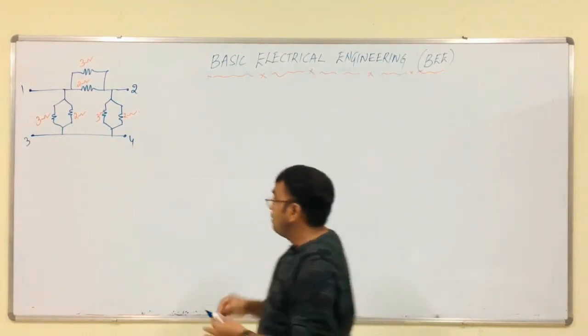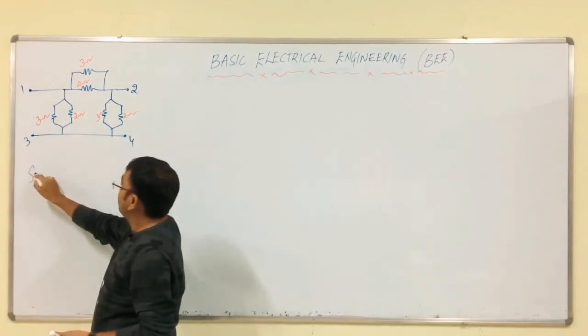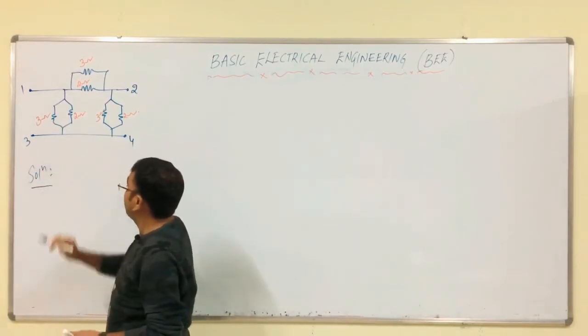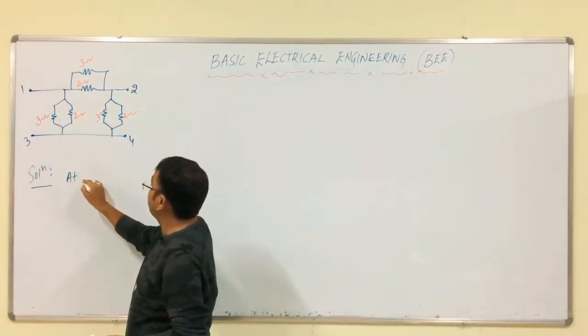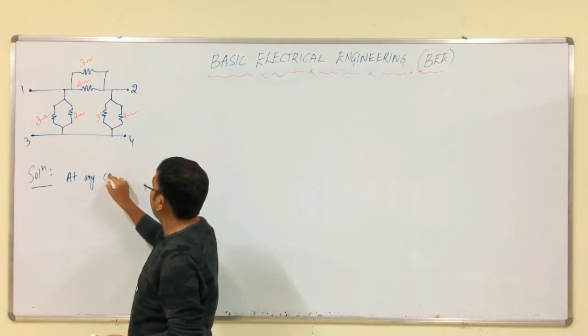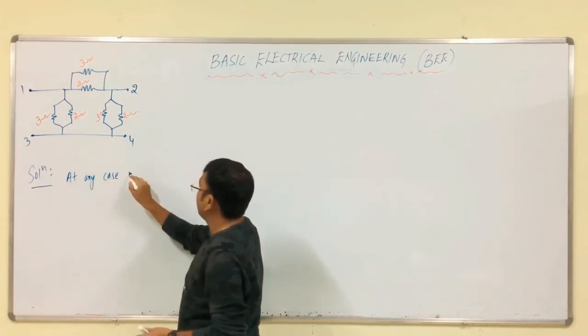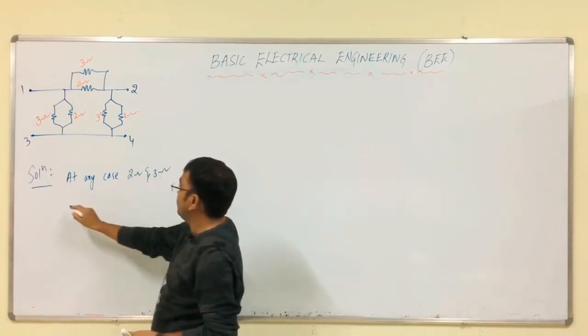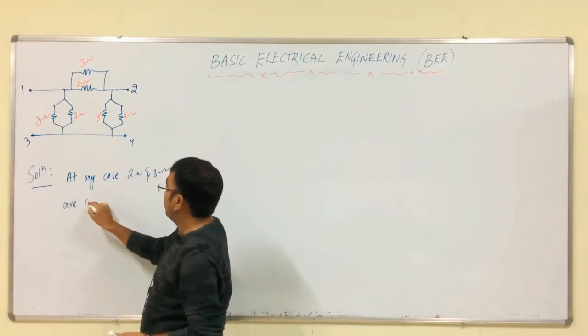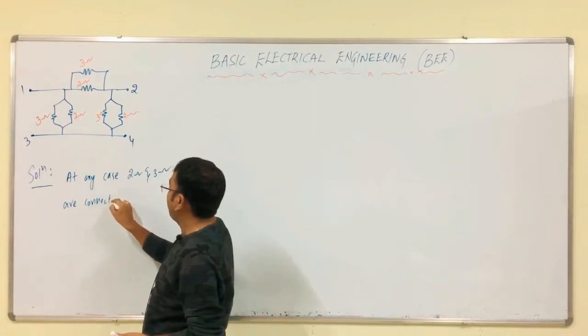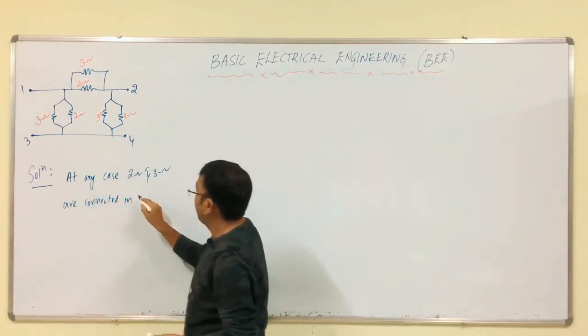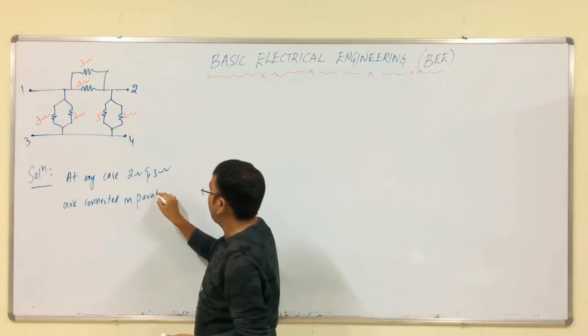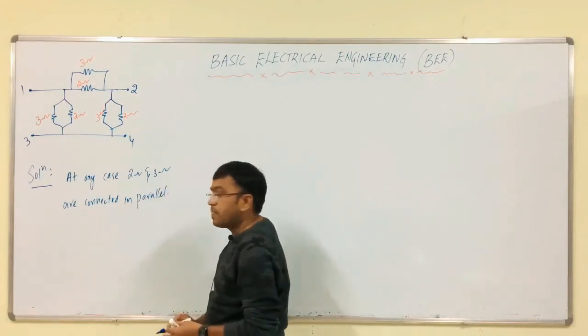So, the solution: in any case, 2 ohms and 3 ohms are connected in parallel.